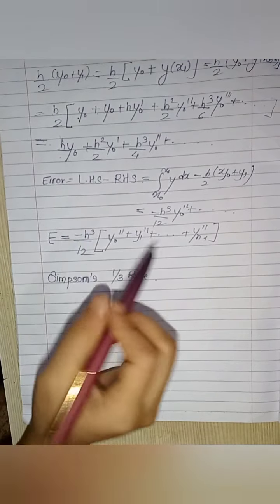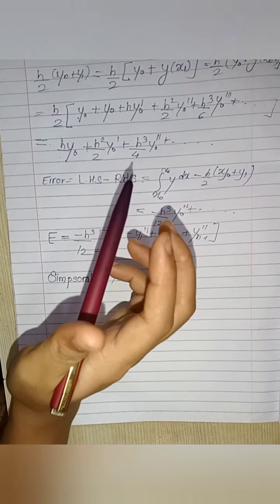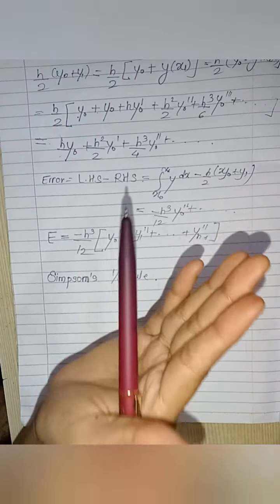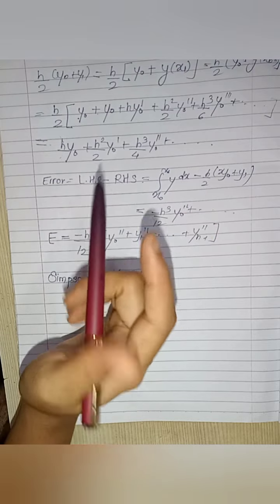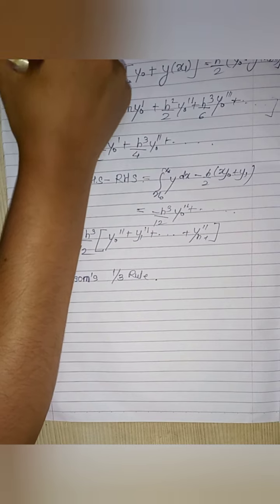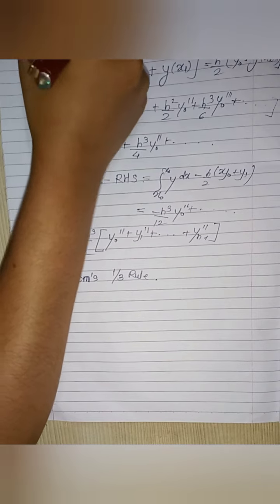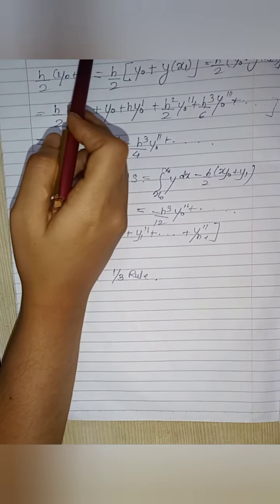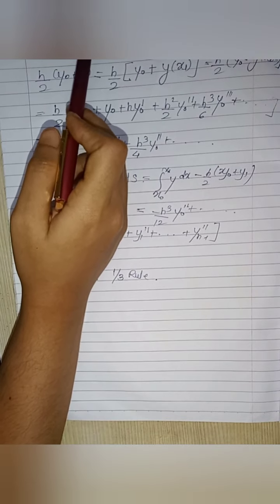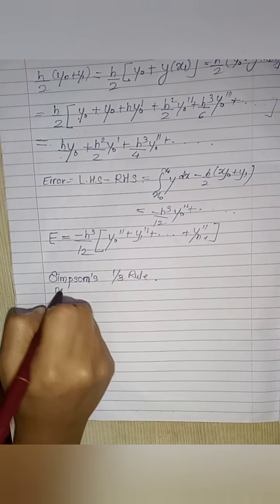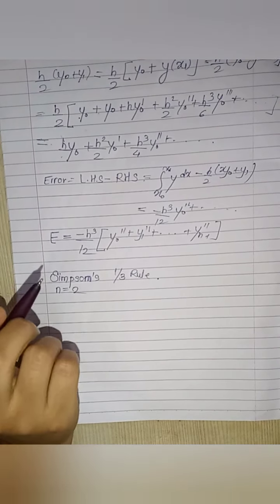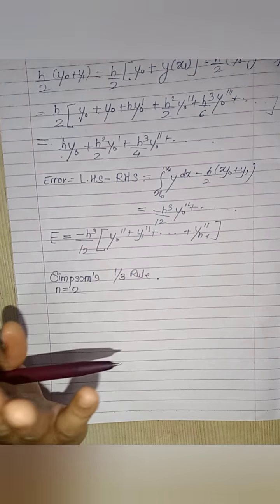So for this, as in the earlier part for the trapezoidal rule, we had substituted the value of n as 1 in the equation I equals integral y dx, which is equal to n into h something something, right? So in this, if n equals 1, then we'll get the trapezoidal rule, and if n equals 2, then we'll get Simpson's 1/3 rule.